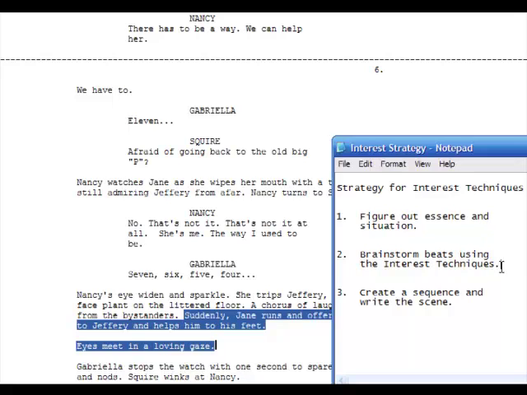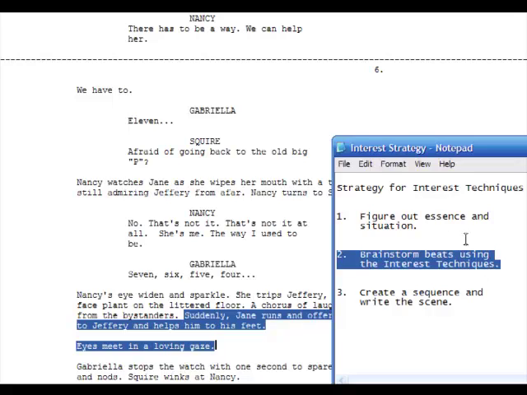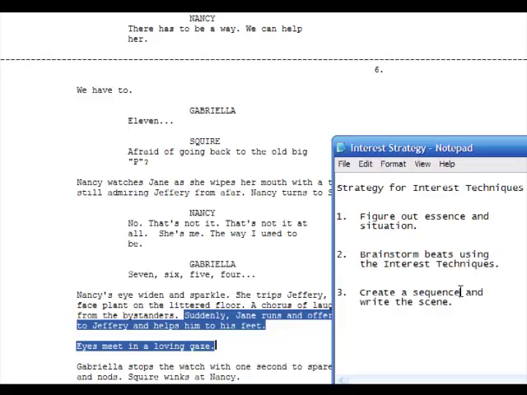And you might come up with 2 or 3 different ways to use each one, and then back it off, pick the best ones. But if you brainstorm it through interest and then you create a sequence of those interest techniques, essentially you're writing an outline for the scene. So it's going to be very easy to then use all the interest techniques, and use them very, very well. And then you write the scene using that sequence, and then you plug in and make sure that the dialogue works. So that's a simple way for you to do this.